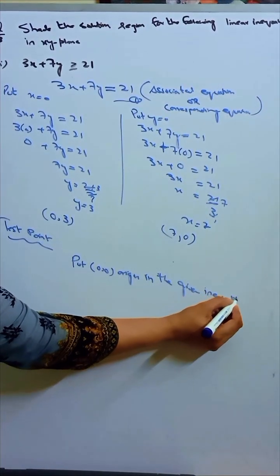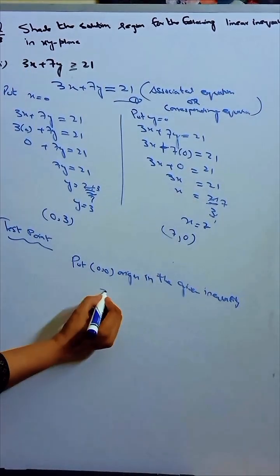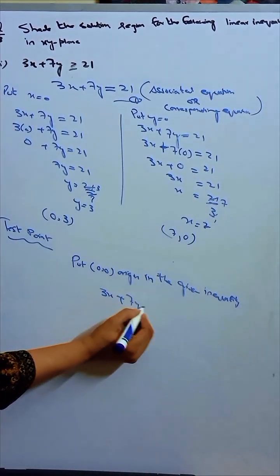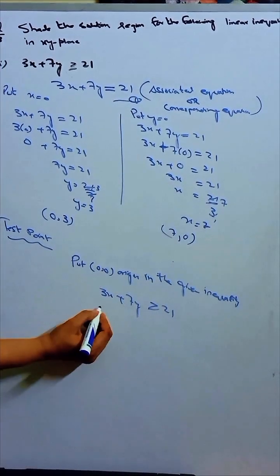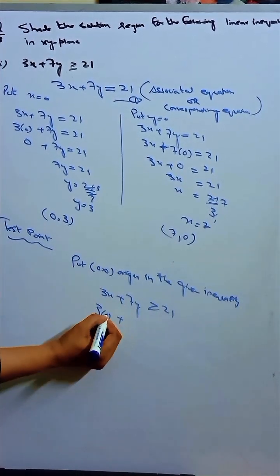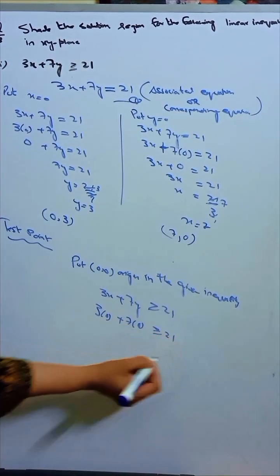The question they have given us is 3x plus 7y written equals to 21.